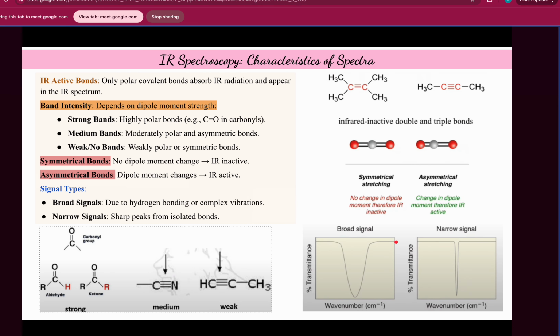This is how a narrow signal and a broad signal appear. This is just a representation, and it is also to show you what is IR active and what is IR inactive. In symmetric stretching, the dipole moments cancel out each other. If there is asymmetric stretching, a dipole moment will be present and it will vary between both the poles. So a change in dipole moment makes it IR active.